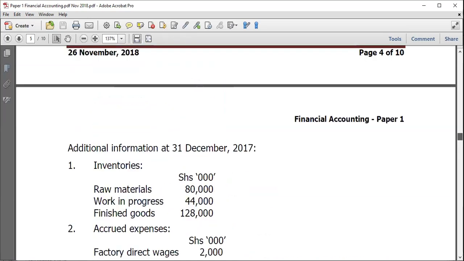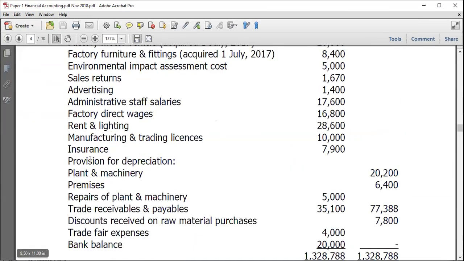So we usually have 3 categories of expenses. Then we have our factory direct wages. This one will go in the manufacturing cost statement. Rent and lighting, you look out for the distribution to know which one goes where. Manufacturing and trading license, this one has so much to do with the factory. And then insurance also, sometimes they distribute it as there.